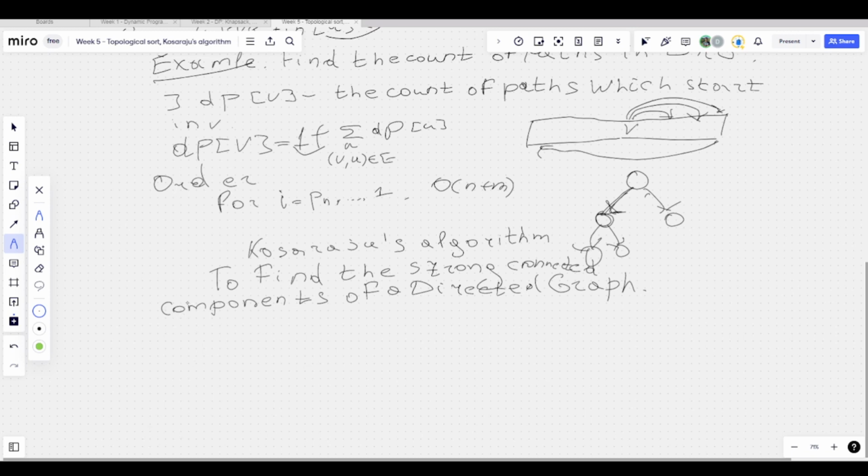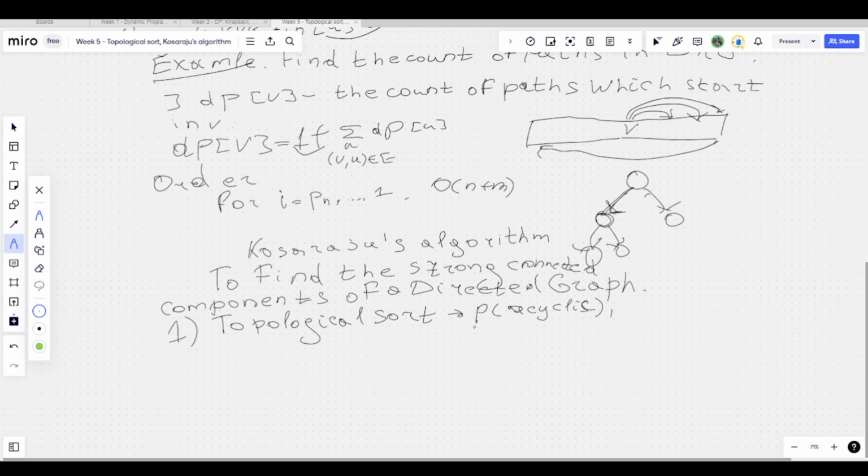What's the Kosaraju algorithm implementation? In the first step, we do topological sort, and if the graph is acyclic, we get some permutation P. Otherwise we take some permutation.